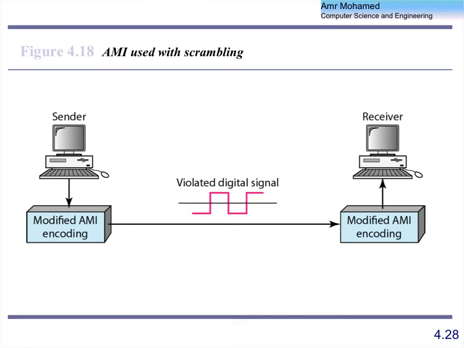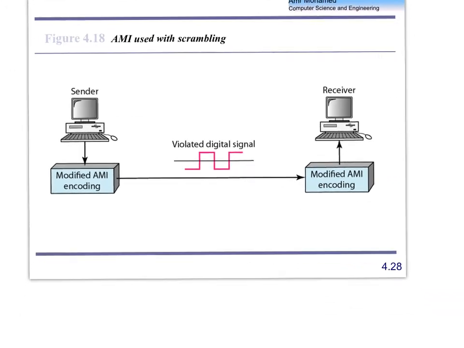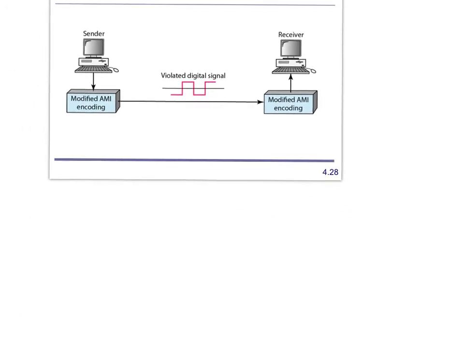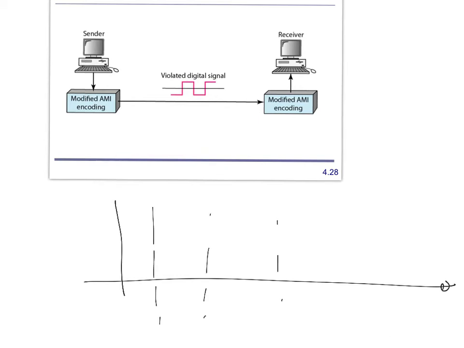Some schemes like the AMI, remember the AMI, the way it works? Of course you will not remember. The way it works is that, as we said, if the bit is 0, then it's 0 all the time.